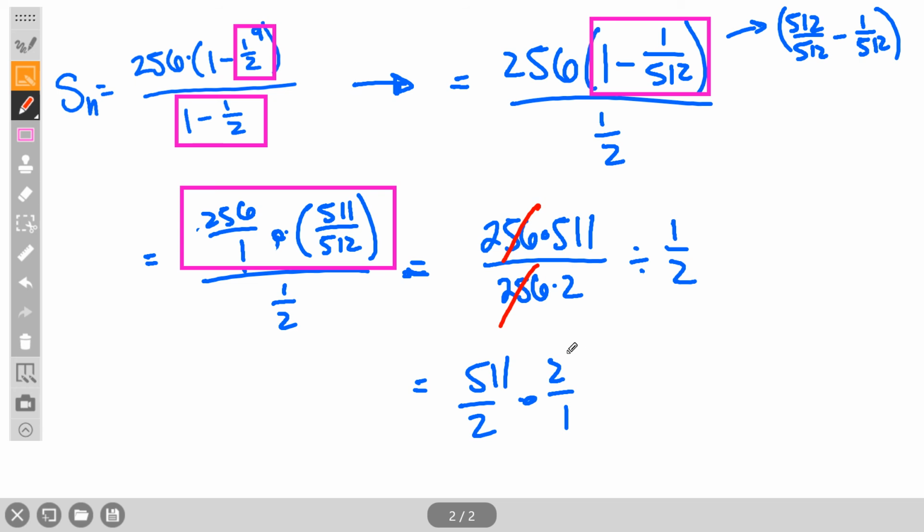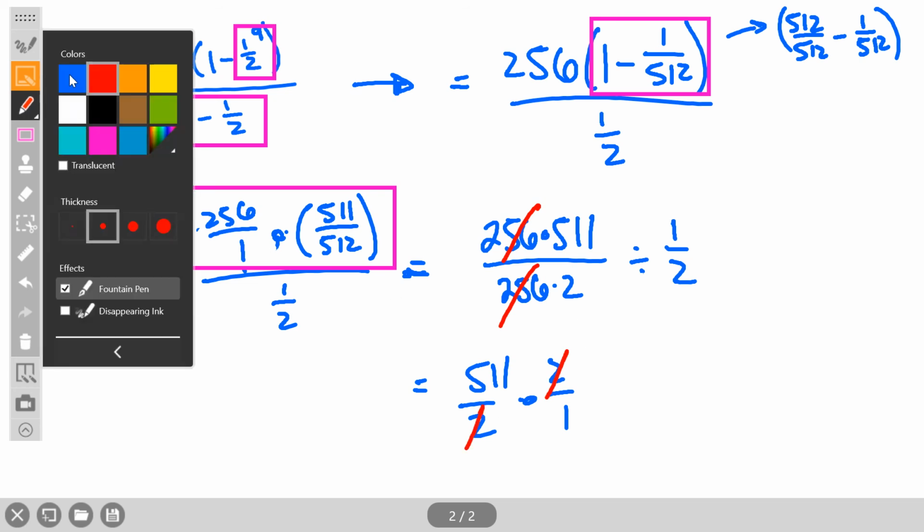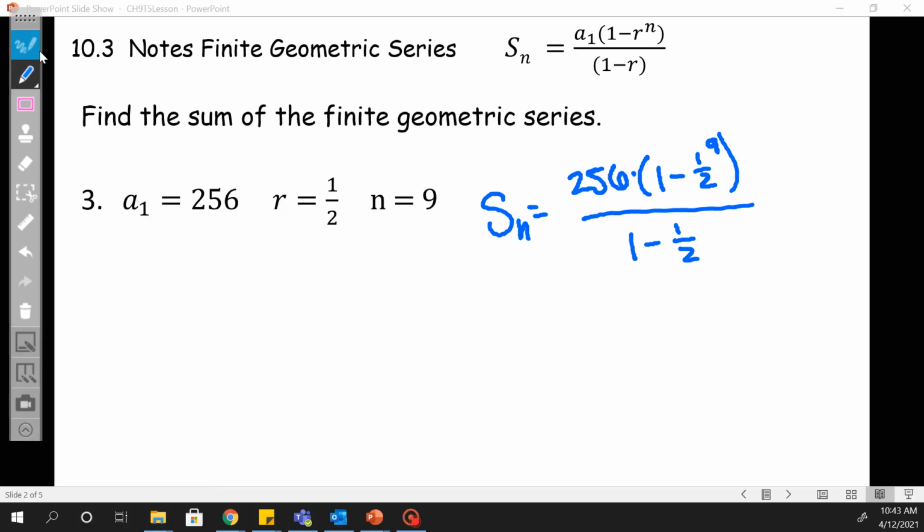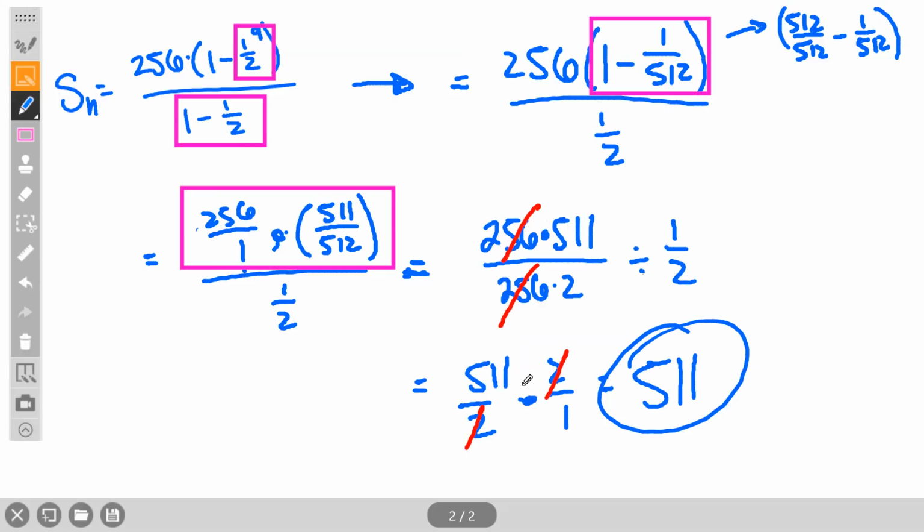Okay, but then you have these 2's, they cancel. So what are you left with? You're just left with 511. So our series is equal to 511. You add all those terms together and you get 511. Okay, so it really comes down to just, can you simplify these problems? Can you simplify these fractions?